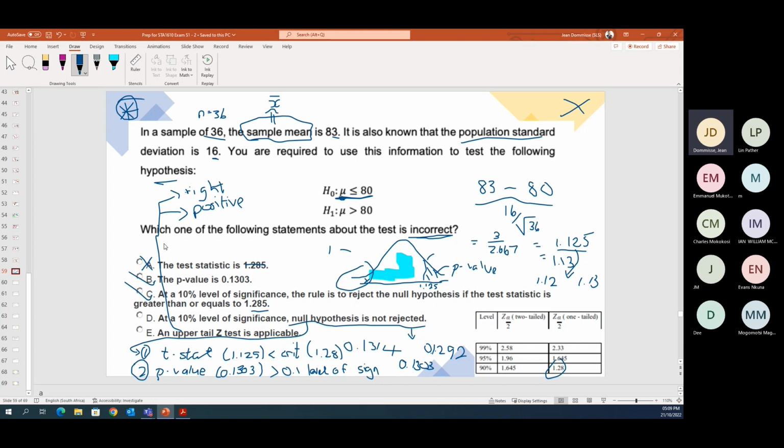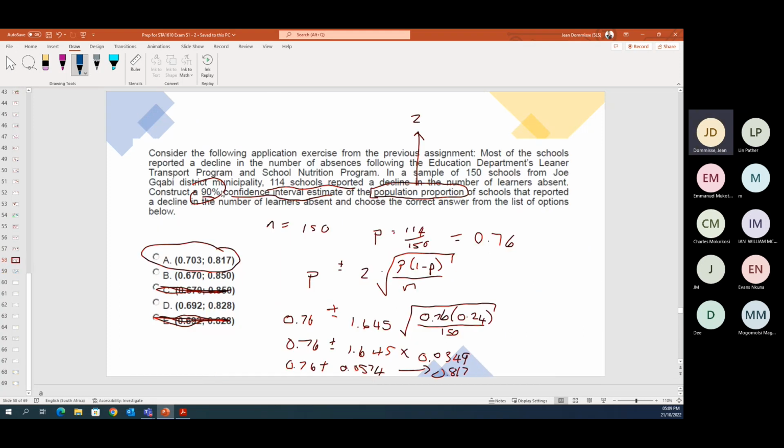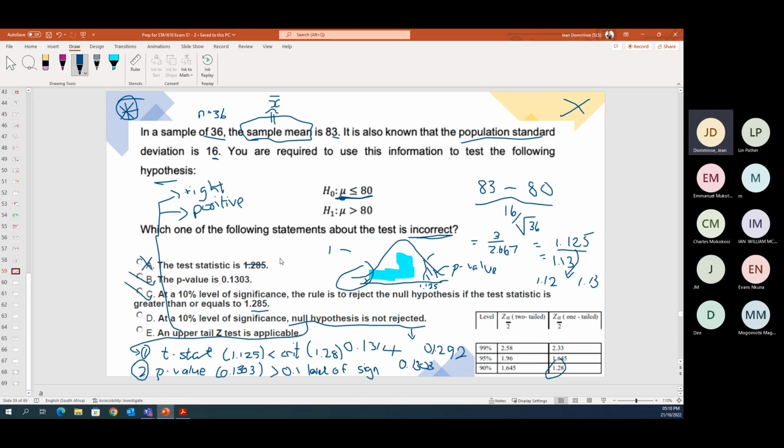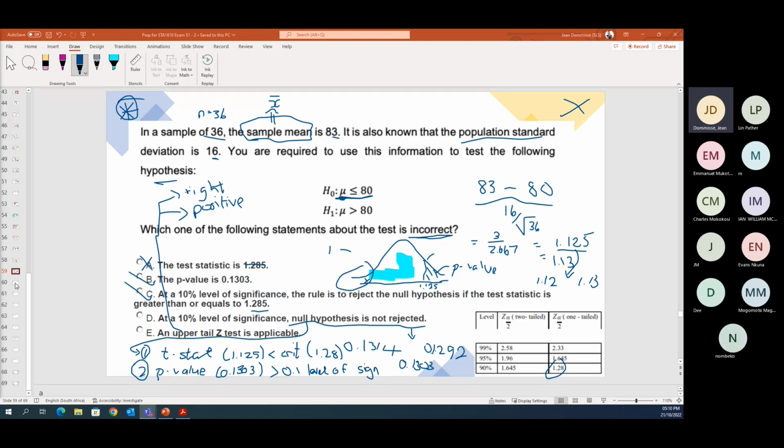So the question can be something like, work out the lower confidence level or the upper confidence level, so that you only need to work out one. Then there will only be one answer, but it might be that they give both to you. I have seen it before, so I'll just go through my notes to see if I can find one of those questions as well.